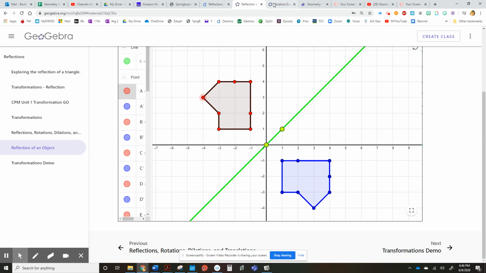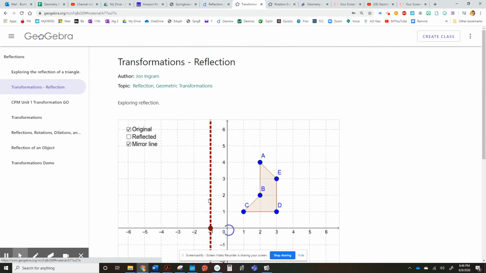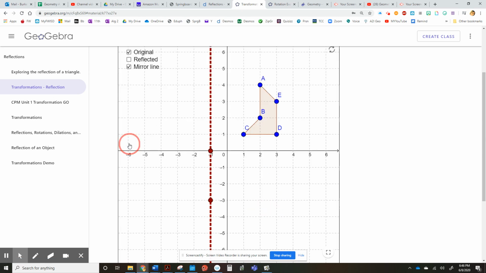I like both of them. I like this one because you can turn off all of it. You can have a blank screen and you turn them back on, but you can still make changes. And I like this one because you can put what they call a mirror line, because this line acts like a mirror. Before you turn the reflection on, you can estimate where it'll go, and then you can check yourself.